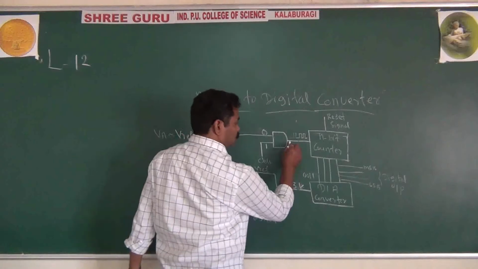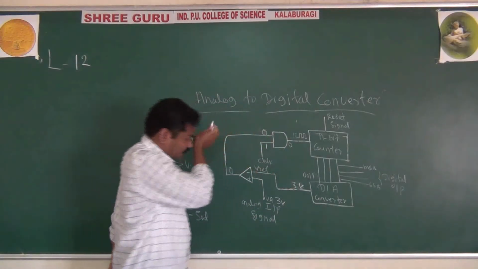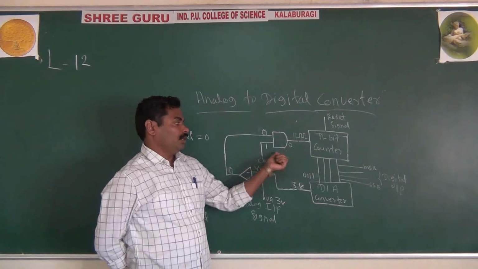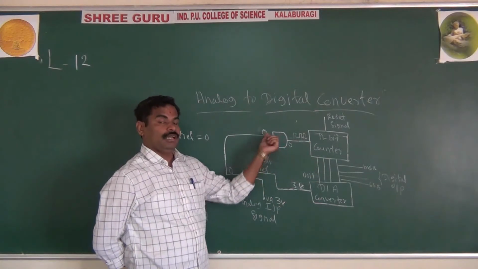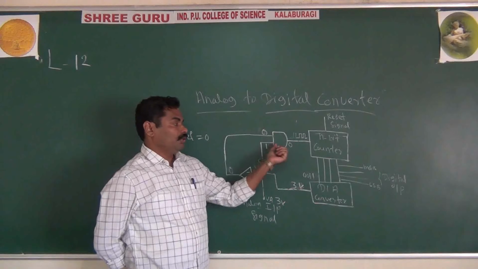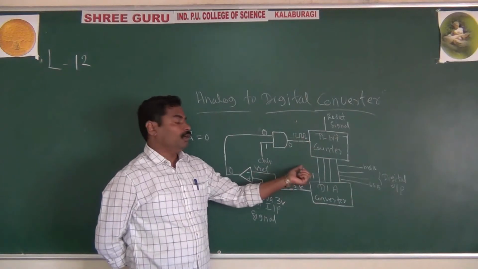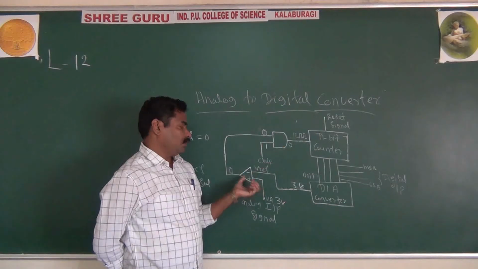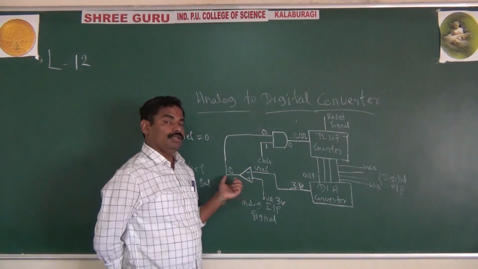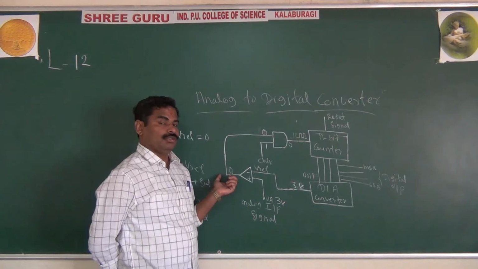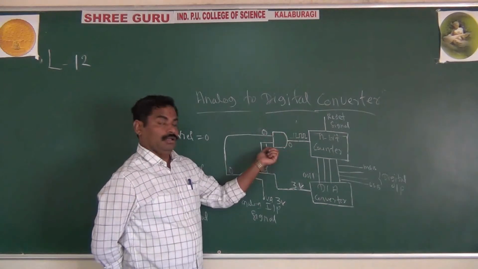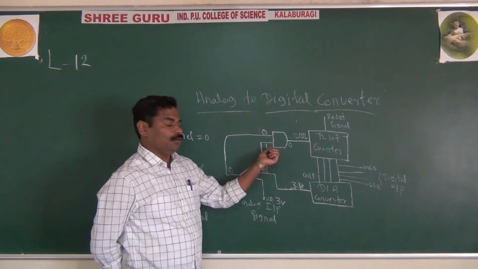It means it is not giving any clock pulses to the counter. Your AND gate is disabled; it is not active. Because the comparator is giving the 0 output signal, which you are applying to the AND gate, it is inactive.